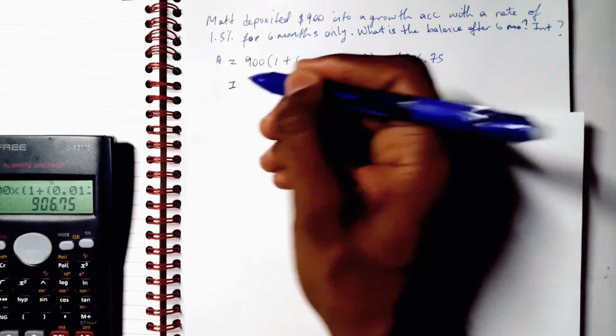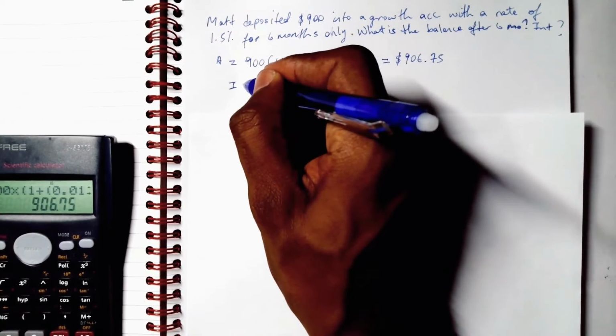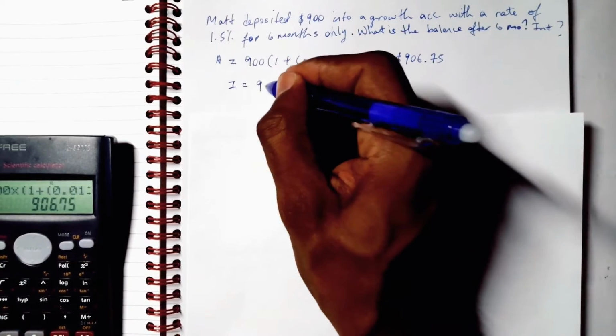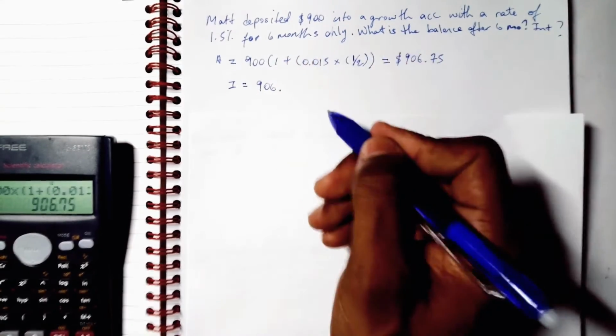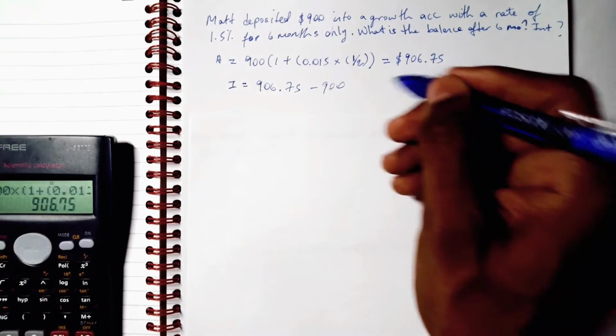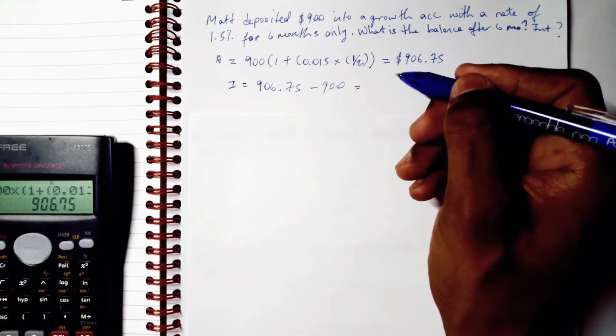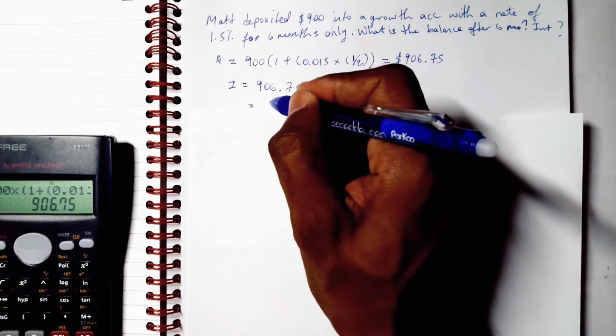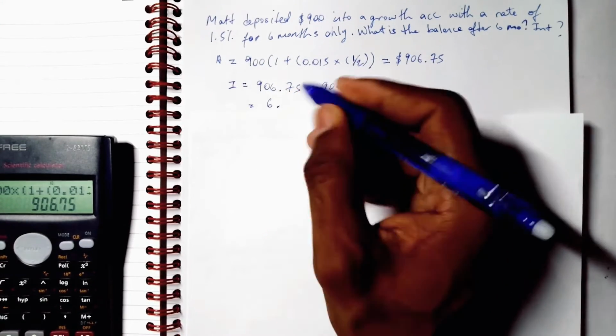So the interest will be equal to 906.75 minus 900, which is equal to, let's just write here, 6.75.